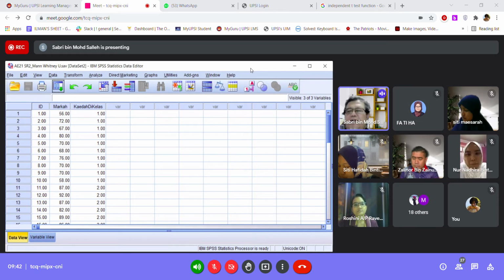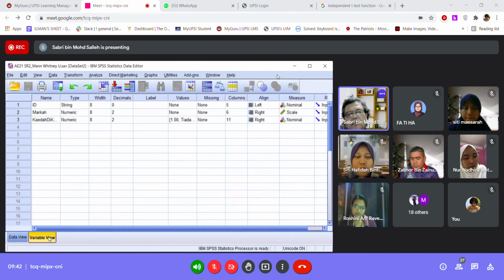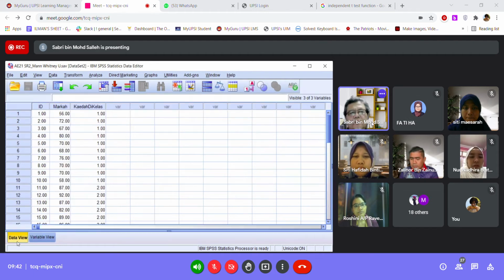You have it in your PowerPoint file. Okay, analyze. Kita check dulu ya. Ni data view, variable view. So in your case, dua-dua ada dalam PowerPoint punya screen tu. So langkah dia apa?